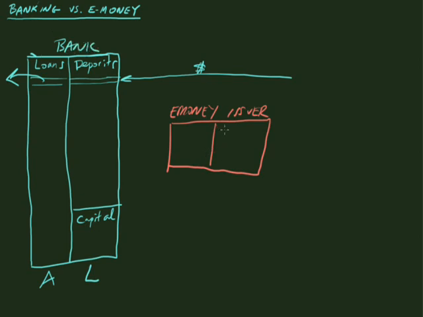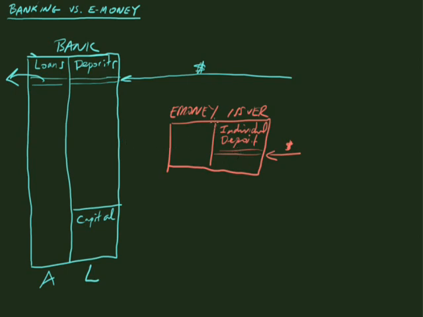E-money issuer, on the liability side, it'll have individual deposit accounts just like a bank will. So I can come in here, the same way as I can go to the bank and deposit a little bit of money to my account, I can come in here with a little bit of money and deposit it into my own little account. This is money that the issuer owes me personally.